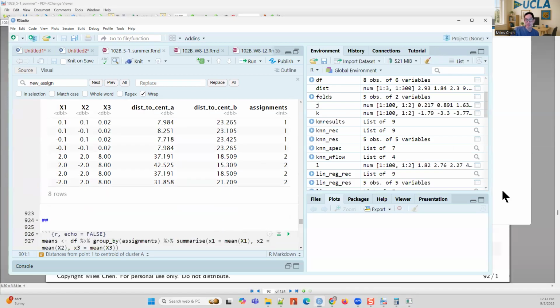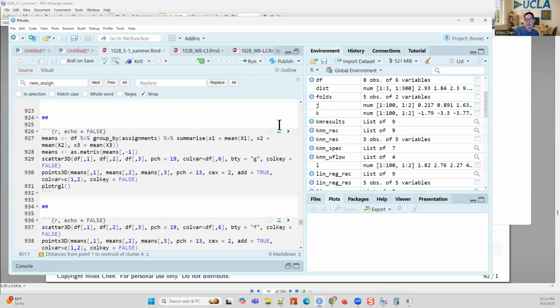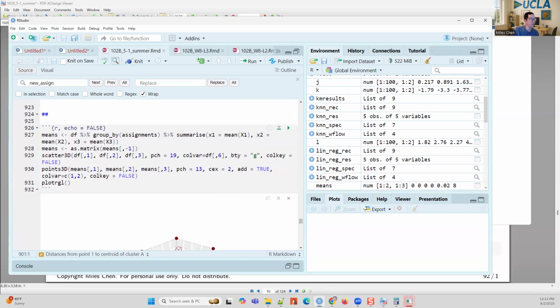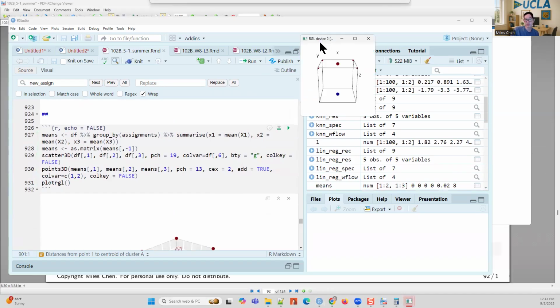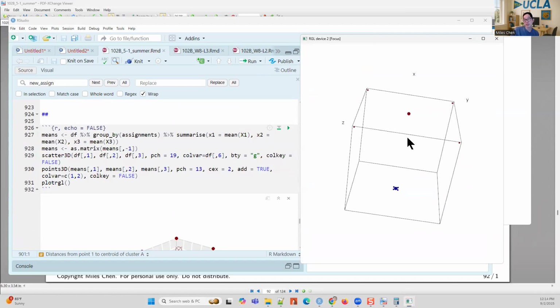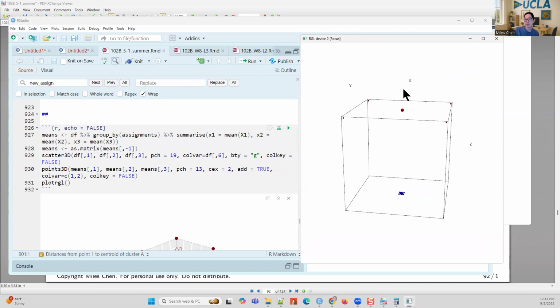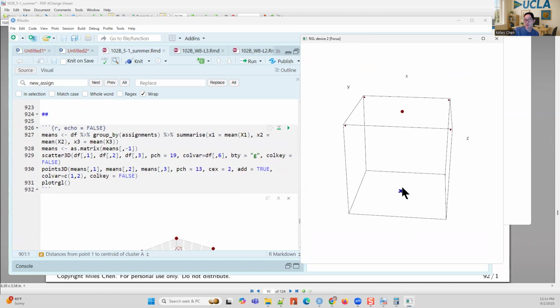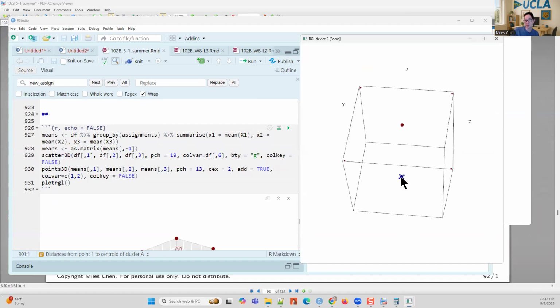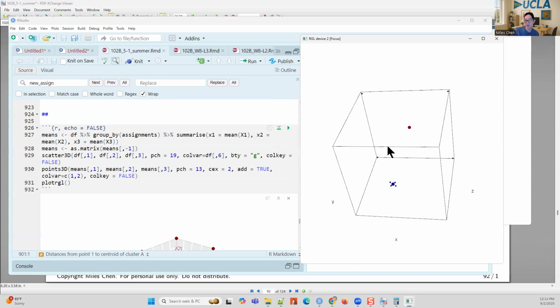Okay. And so doing that, if we reassign our points and we recalculate the centroids, what's going to happen is the 4 points on the ceiling will get assigned to one cluster in red, and the centroid is going to end up there. And the points on the floor get assigned to the blue cluster in the bottom, and the centroid is going to be in the center of those 4 points down there.